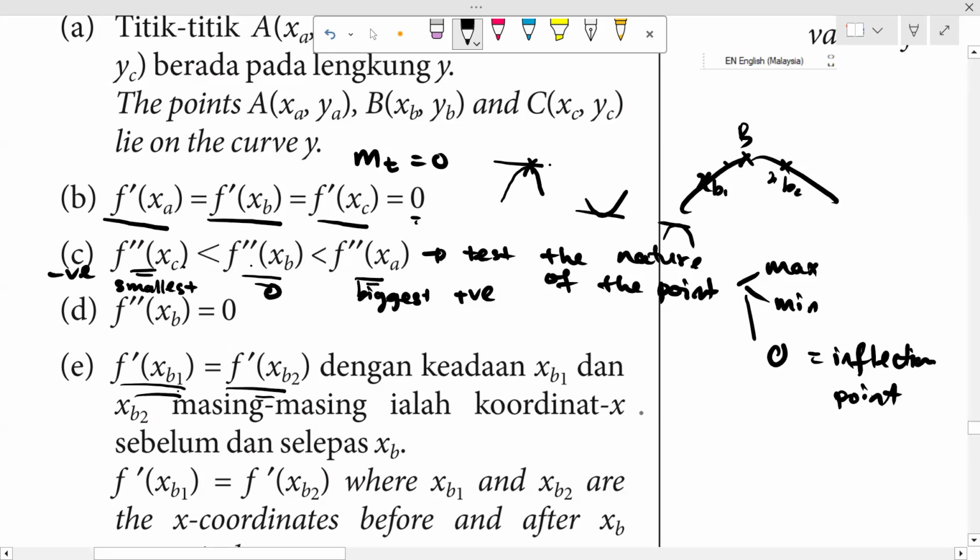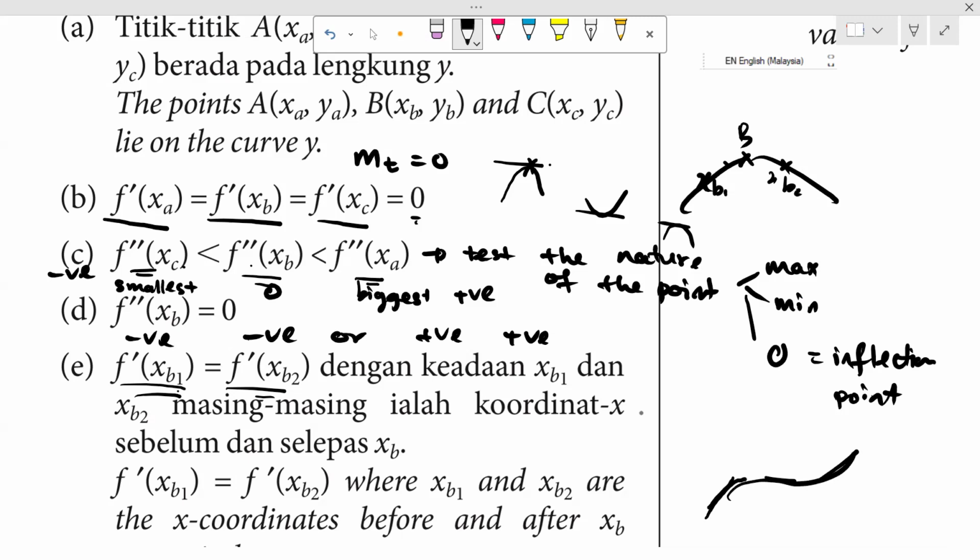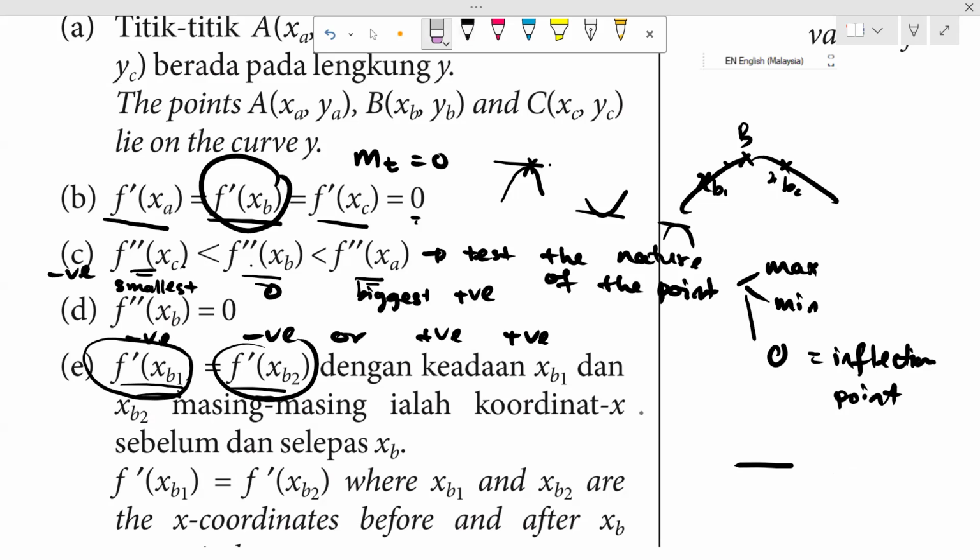Same as in both could be negative or both could be positive, which means they will continue. If it is positive, horizontal line, and then positive, so it will be an inflection point. If it is negative, because at B your gradient of tangent is like this, then when you test the point before and after, they are of the same sign.